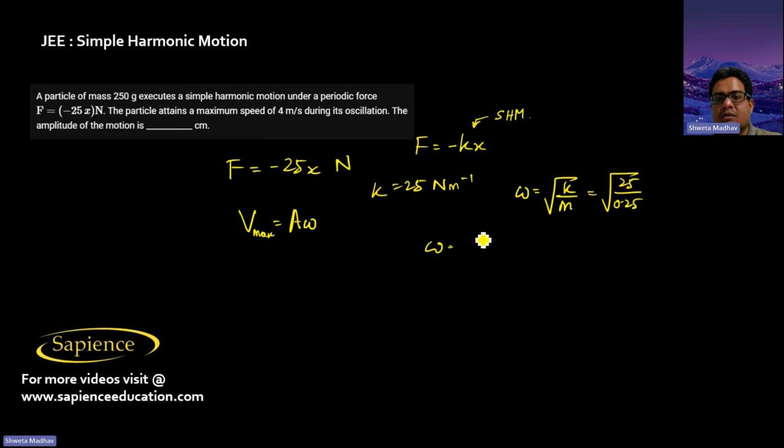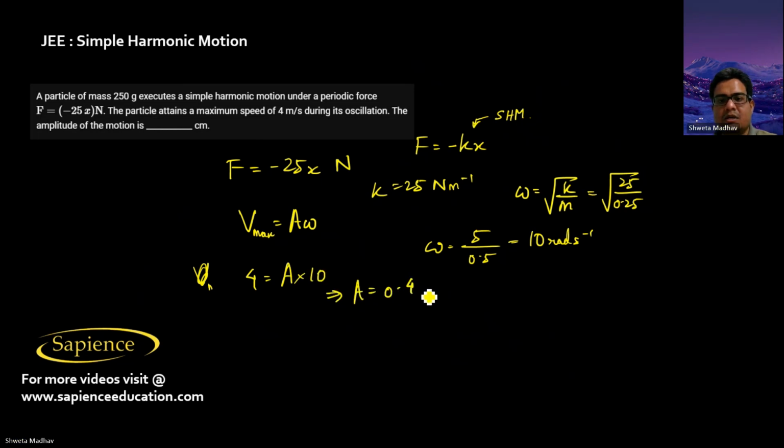So omega will be equal to 5 by 0.5, which is equal to 10 radian per second. Omega is 10, so therefore the maximum speed, that is 4, is equal to A into 10. So the amplitude of the motion is 0.4 meter, meaning it is 40 centimeter. So 40 is the answer.